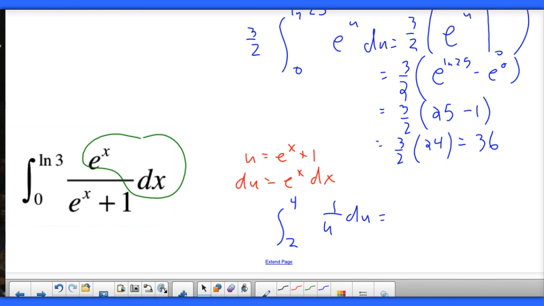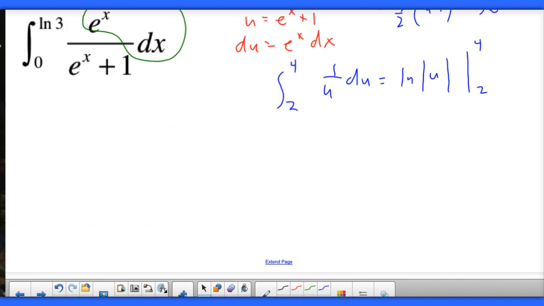So the antiderivative of 1 over u, isn't that the ln of the absolute value of u, from 4 to 2? So that's the ln of 4 minus the ln of 2, which would wind up being the ln of 4 over 2, which is ln 2. And there's our answer to that one.